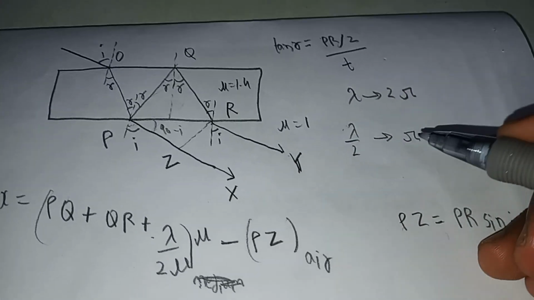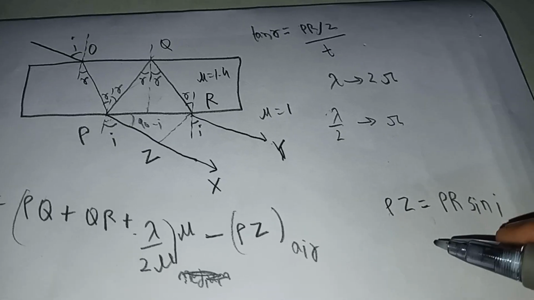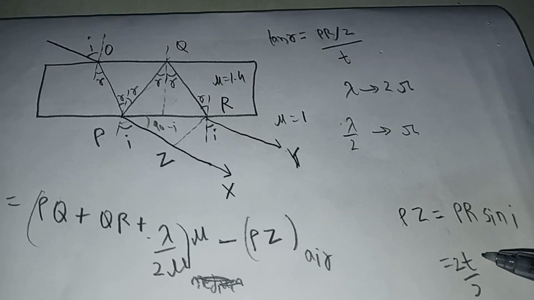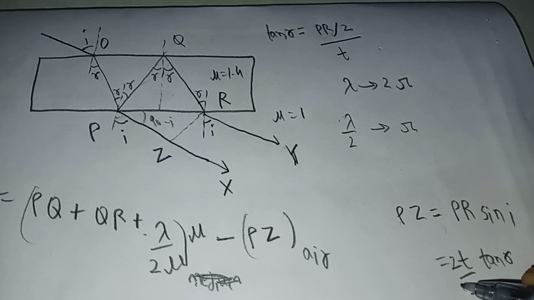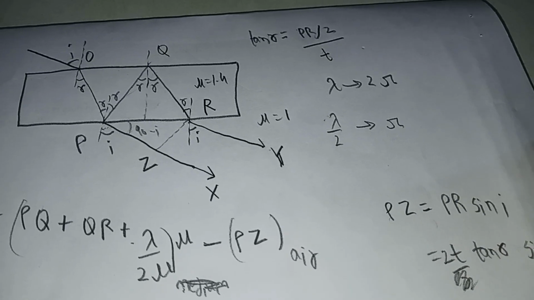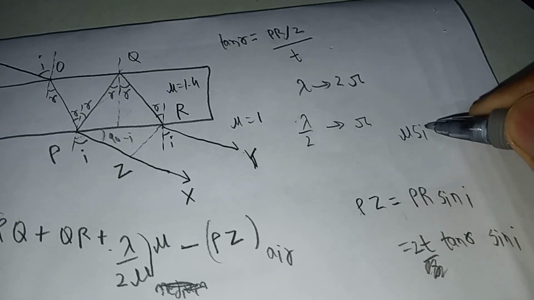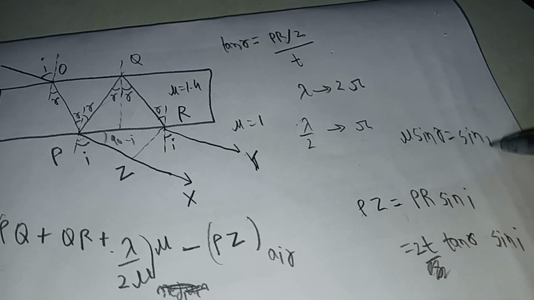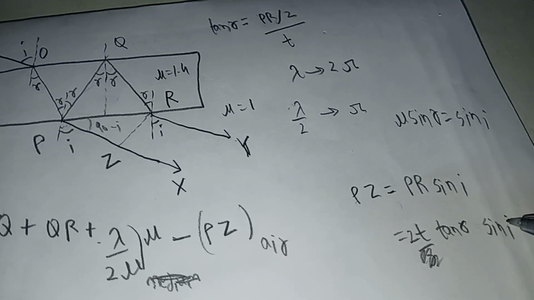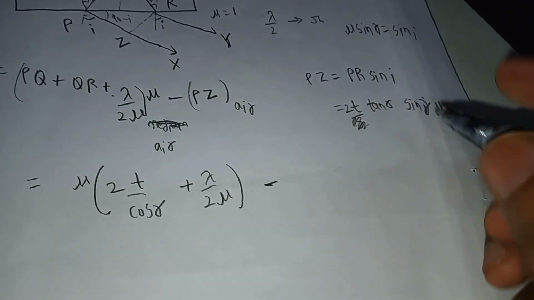So basically our PR comes out to be 2t into tan r. 2t into tan r into sin i. This is our PZ. Now you know that mu sin r equal to 1 into sin i. So you can just replace this sin i with mu sin r. So this is our PZ.